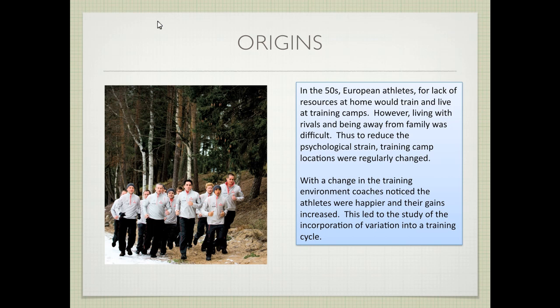So what they did was athletes would leave home and train for months at a time at training camps. And of course, training with the same competitors over and over again, being away from family, became difficult and they became stale. So when they noticed athletes got stale, they'd move them to another training facility and they'd notice that all of a sudden their performance went up. And what happens when you change a training facility, that's an introduction of variation into the environment.